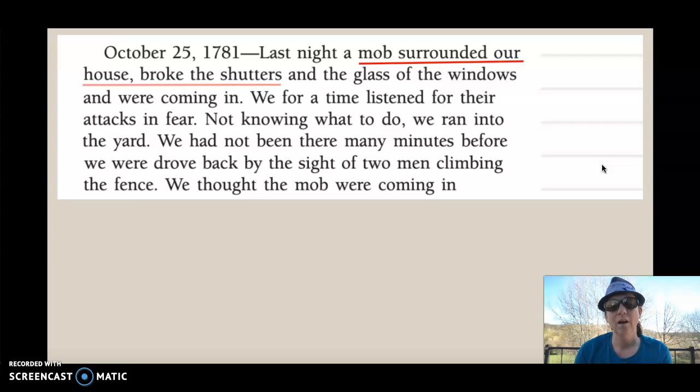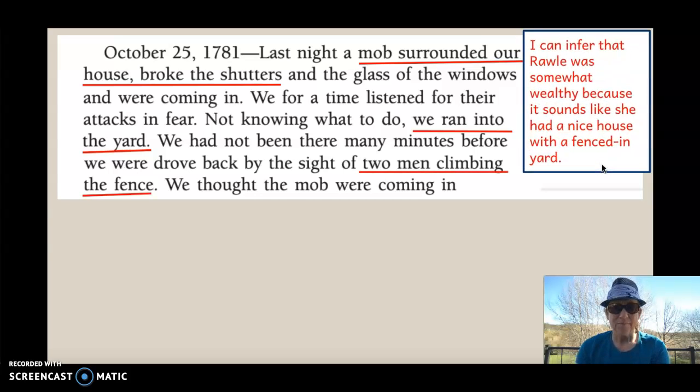All right, so, "A mob surrounded our house, broke the shutters. We ran into the yard. Two men climbing the fence." I can infer that Rall was somewhat wealthy because it sounds like she had a nice house with a fenced-in yard.